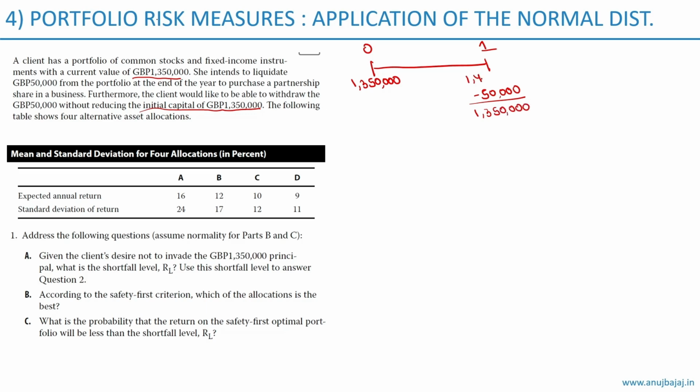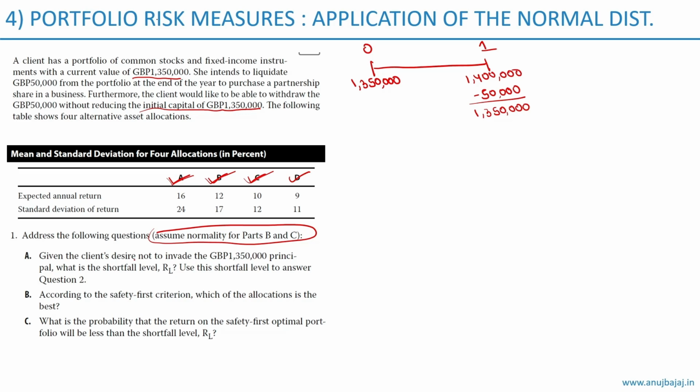So the value should be 1.4 million pounds at the end of 1 year. There are 4 possible allocations available, and it is assumed that all the 4 allocations are normally distributed. So address the following question assuming that all the 4 allocations are normally distributed.